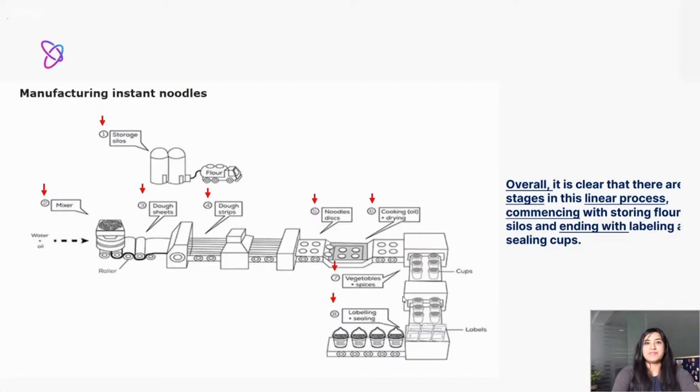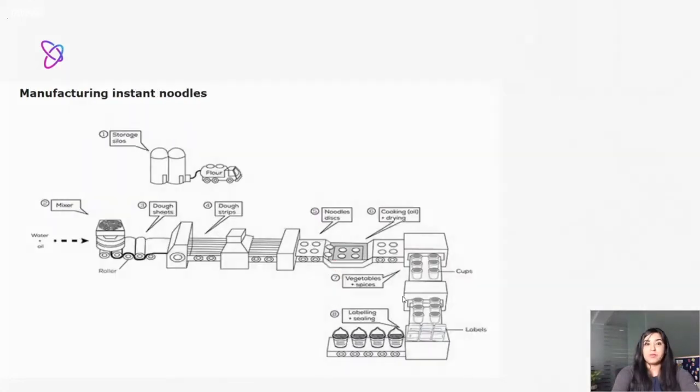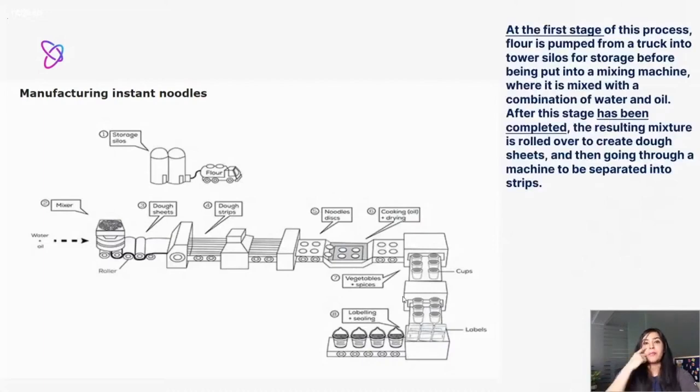All right, let's move on to the detail part, paragraphs 3 and 4. Now, this will be a little text heavy, so bear with me and let's go through it. Let's see what we can say for the first one. At the first stage, or you can rephrase and say first of all or firstly.